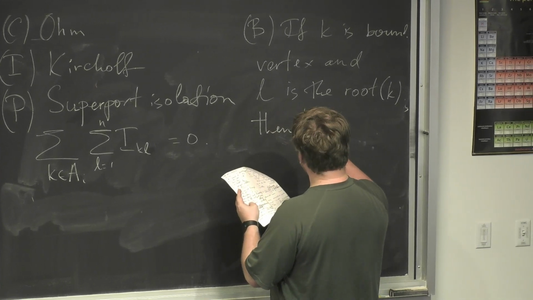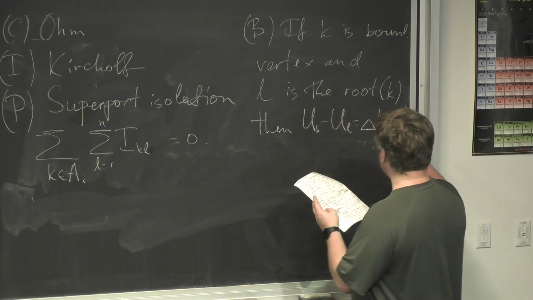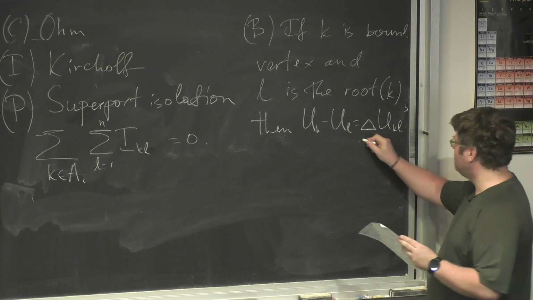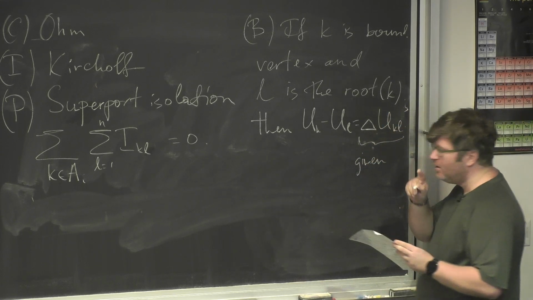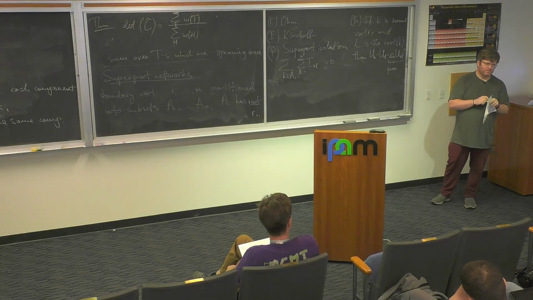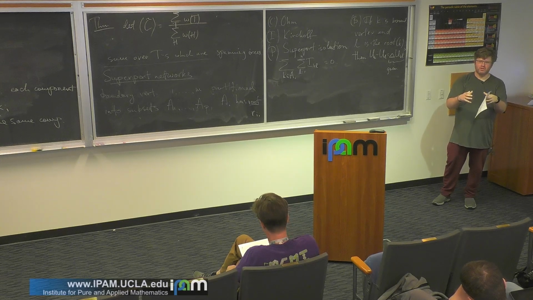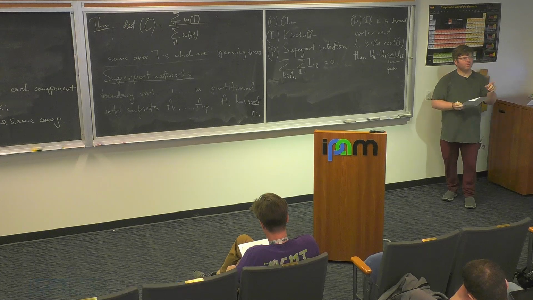The potential at K minus potential at L will be a given number delta KL. So this is a given number. So instead of telling you a potential at each boundary vertex, I'm telling you the difference of potentials within each superport. Right? So if you know difference between the root and any vertex, then you know difference between any two vertices.